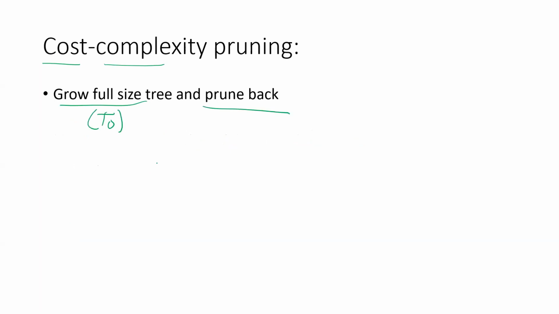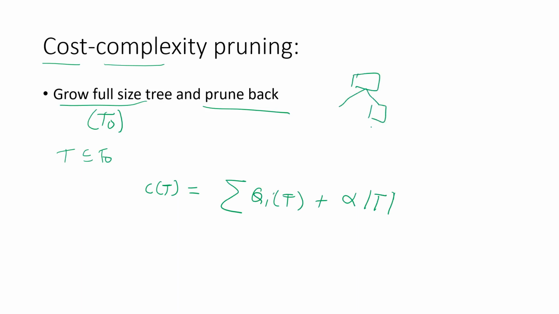For that we define one measure which is called the cost complexity measure, C of T, and it is defined as the sum over Q_i of T, I'm coming to that, what is this, plus alpha times the number of leaves in that tree. So let's say T is your subtree of T0 after pruning back. So let's assume this is your tree, the simplest tree.